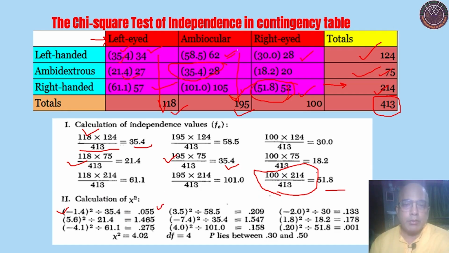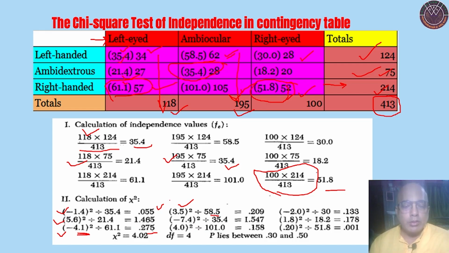Similarly, for this particular box, it is 62 minus 58.5, 3.5, squared, divided by 58.5. So you are doing FO minus FE squared divided by FE for each of these boxes, and it has been shown here. For this box it is 57 minus 61.1, that is minus 4.1, squared, divided by 61.1, so you get 0.275.